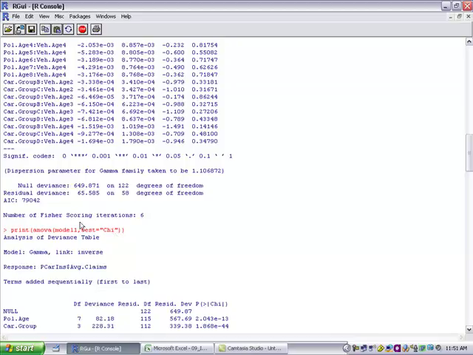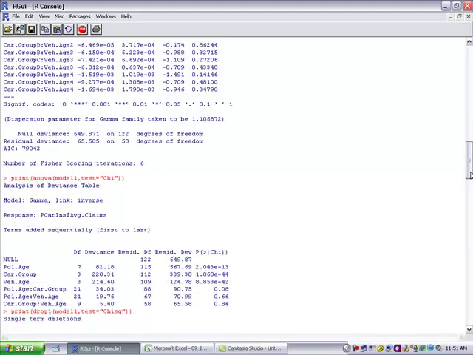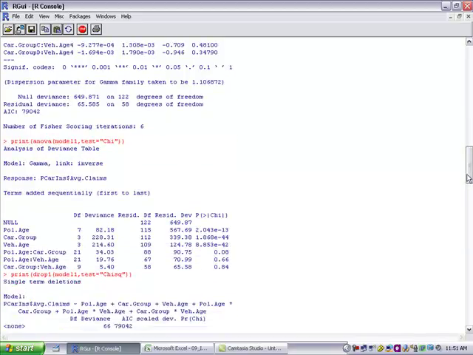Then you can do another thing to that GLM, which is to look at the ANOVA analysis. So this is an analysis of the deviance table. That's what we did in the lecture. It just recaps that you are in a gamma model, so the link is a reciprocal link, and the response is the average claim sizes.